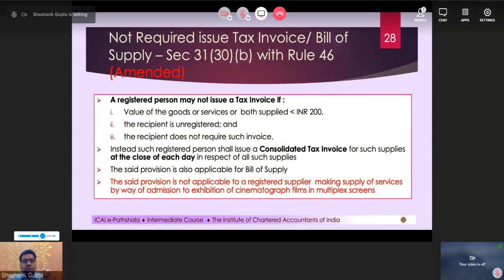We will simply issue a small ticket, and at the end of the day, we will issue a consolidated tax invoice. The law said no. For cinema multiplex screens and cinema halls, this relaxation will not be applicable, and hence you will be required to issue a proper tax invoice even in cases where the value is lower than INR 200.